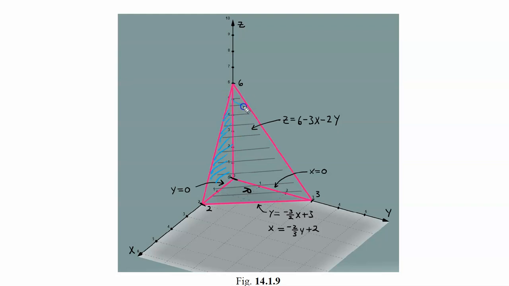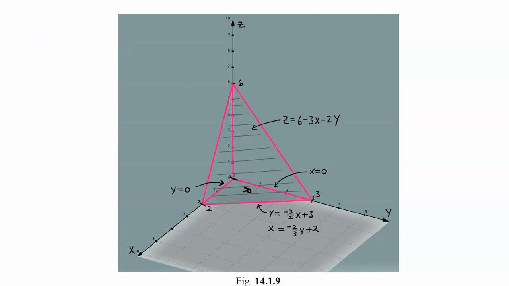The side over here is x equals 0. And then the surface, this triangular part right here, is z equals 6 minus 3x minus 2y. So we're trying to find the volume of that tetrahedron.